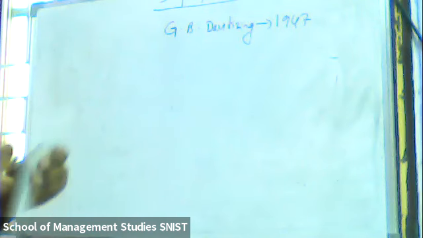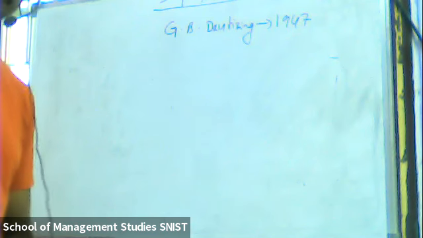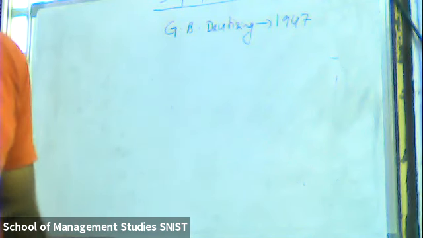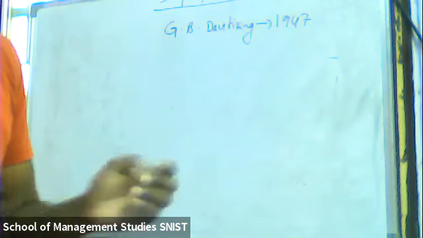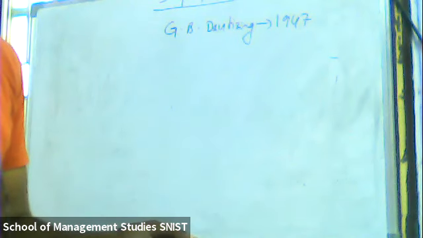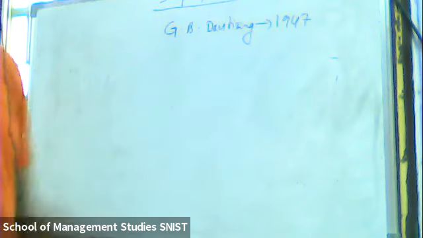This is the second time I'm using this word. Whenever I started linear programming problems three days back, I used this word. In the year 1947, G.B. Dantzig is the person who used this terminology, linear programming problems.